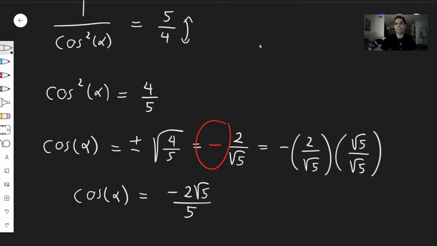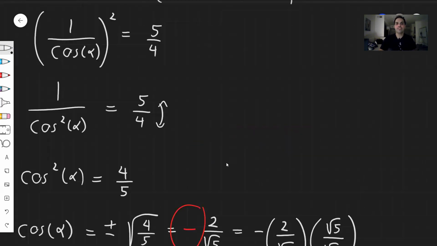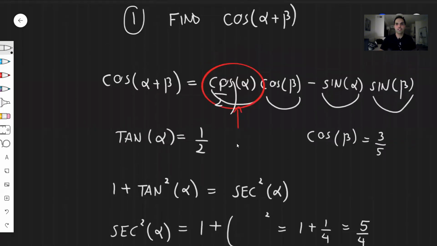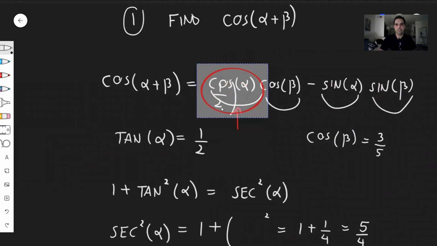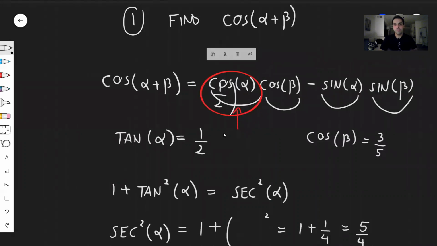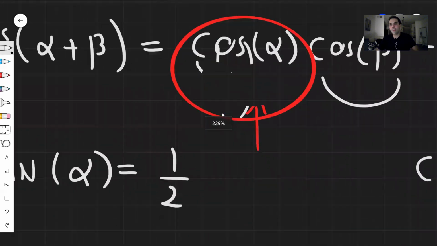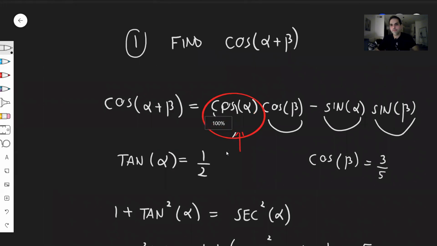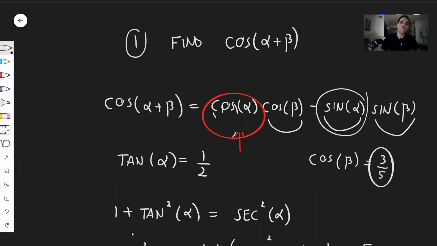So we finally figured out cosine of alpha. And then, what is cosine of beta? Well, luckily it's already given to us. So again, cosine of alpha is minus 2 over square root of 5, and cosine beta is 3/5. And now the question is, what is sine of alpha? So let's move on.